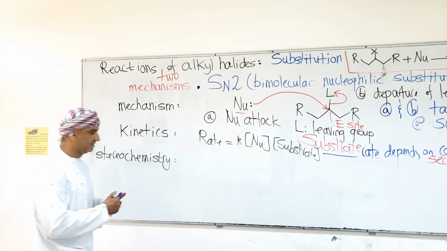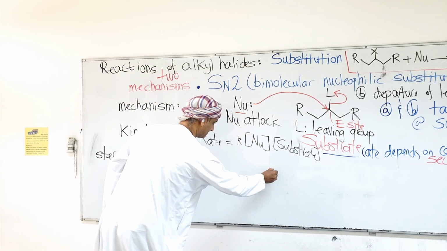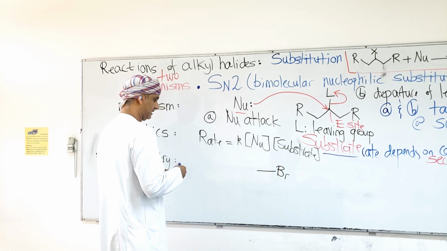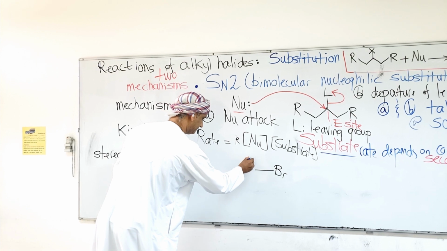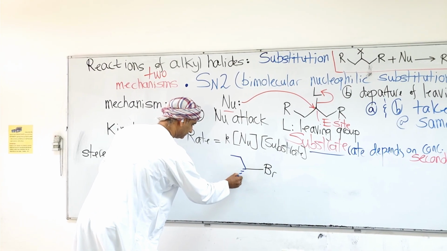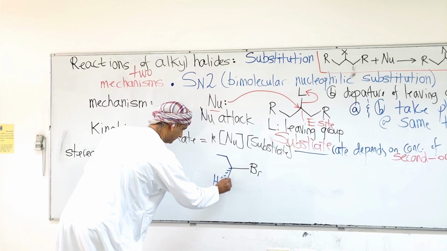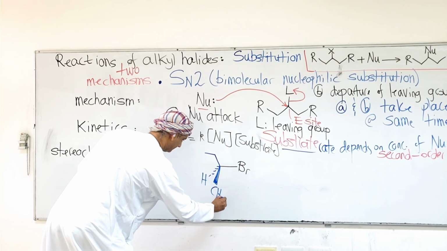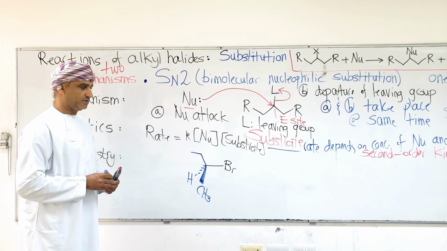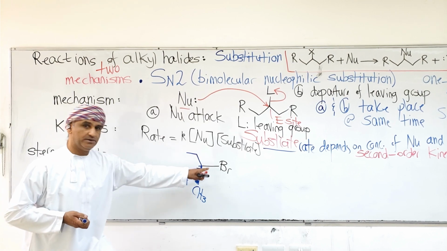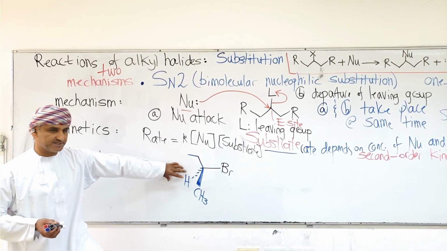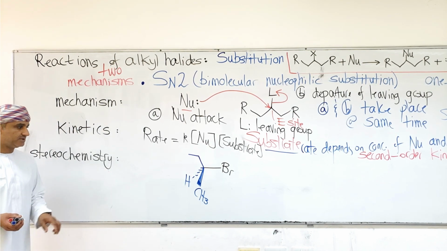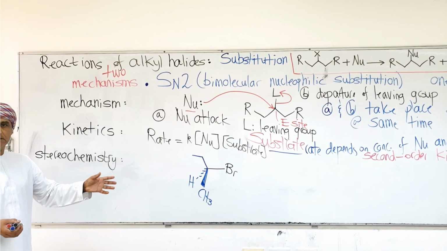So if we take this chiral alkyl halide, with a methyl group heavy wedged on the front, the CBr bond shown using a solid line, the CH bond using a dashed line, and the ethyl group on the plane, this is a chiral alkyl bromide.